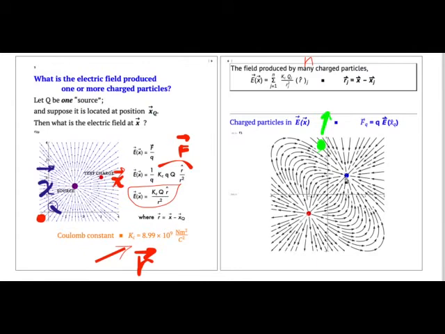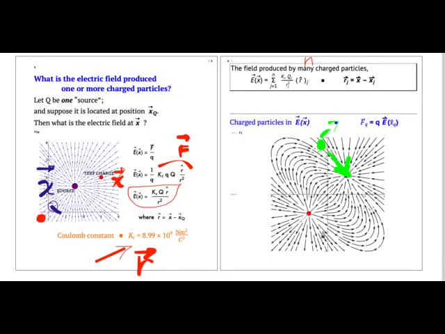I have a contribution from this source, which will be more or less in this direction. This will be actually fairly small because it's far away from the positive source. This will be larger because it's close to the negative source. So the combination, or the vector sum, will be the direction of the electric field at that point, xq.